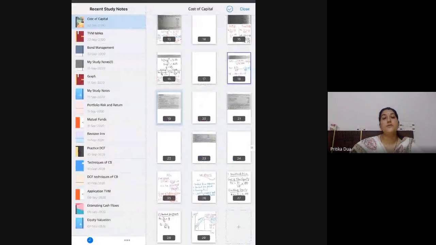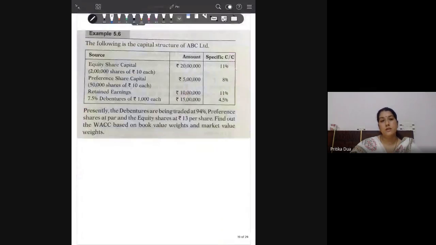So here's a question on your screens. You have three sources of finance here. Sorry, four sources. You have equity shares, preference shares, retained earnings, and debentures.